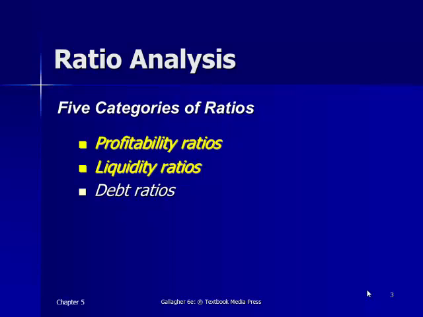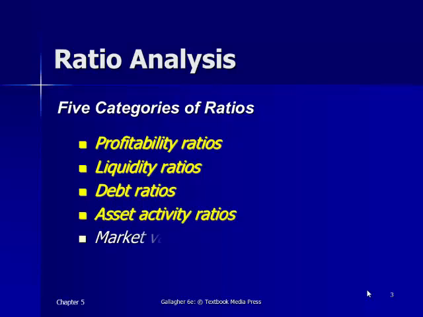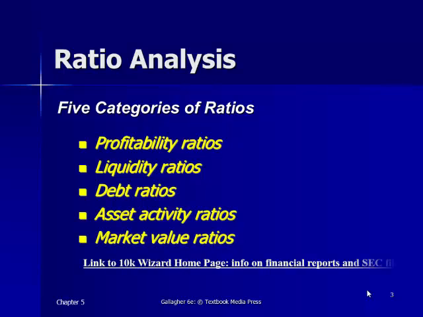You might not have thought of that as a question that one would ask. We're going to look at the different categories of assets and see how productive they are. And we're going to also look at the market and how it reacts to the firm relative to certain key accounting variables.